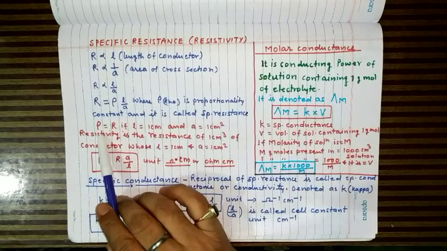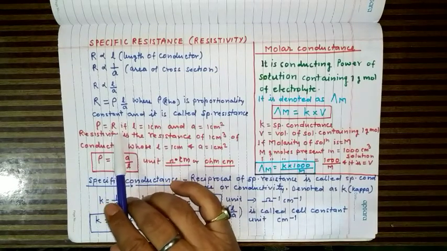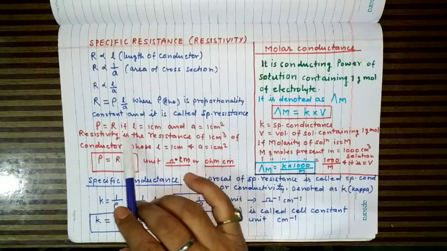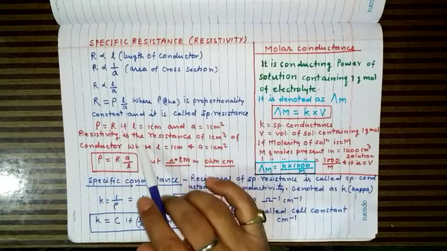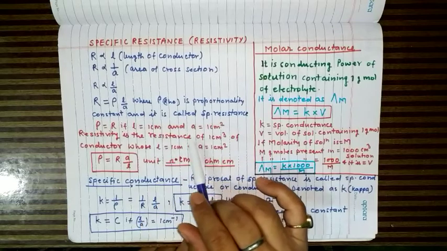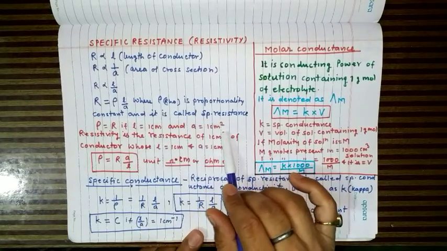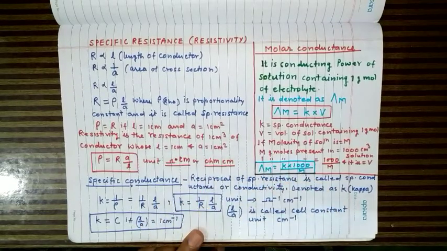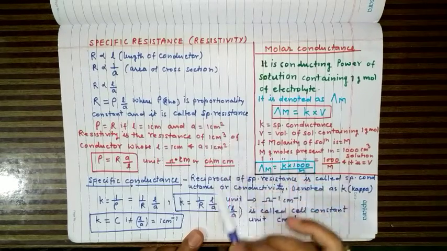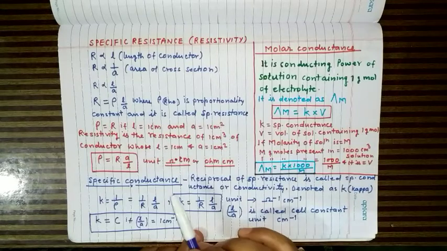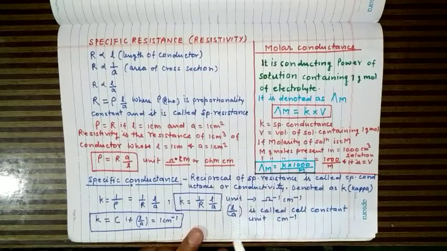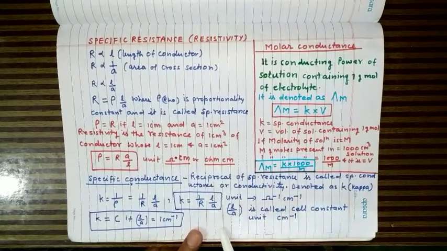Specific resistance is defined as the resistance offered by a conductor whose length is 1 centimeter and area of cross section is 1 centimeter square. Or we can define resistivity as the resistance of 1 centimeter cube of the conductor, that is, whose length is 1 centimeter and area is 1 centimeter square.